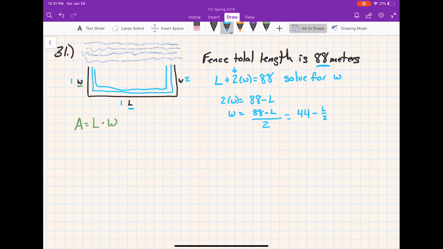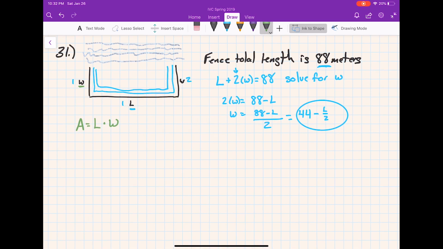All right, so we'll substitute into our area formula. We'll substitute W with 44 minus L over 2. So we'll have my other marker here. I'm going to substitute this guy into our formula. Use green again.